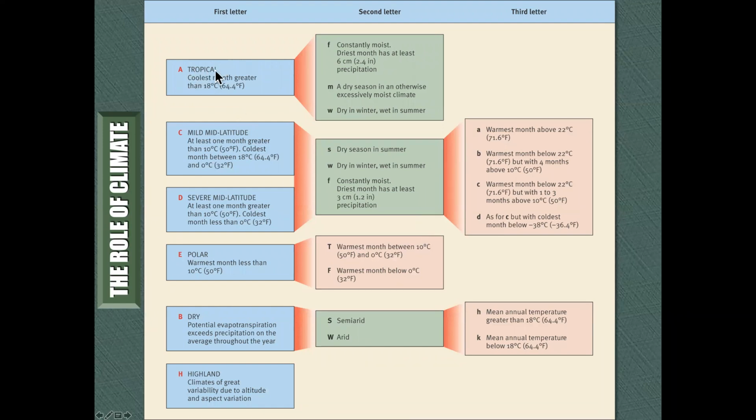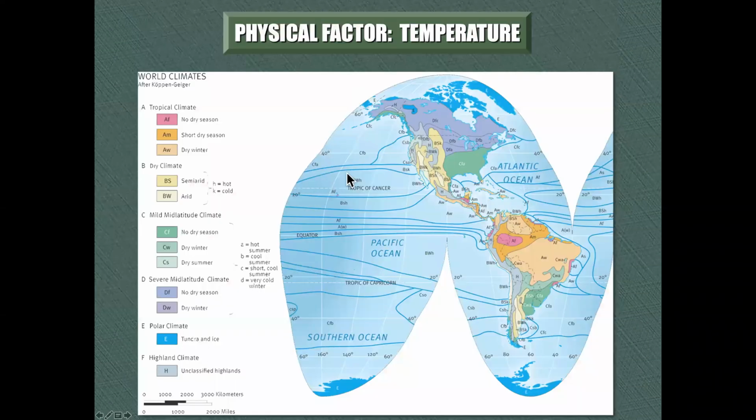Even in the A climates that are considered tropical and generally wet, a couple of them have a significantly dry season, whereas one is constantly moist. And here's that map from your textbook showing you in a more visual way where these climates tend to be found.